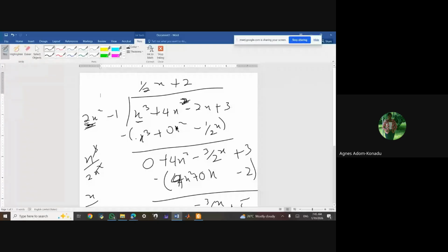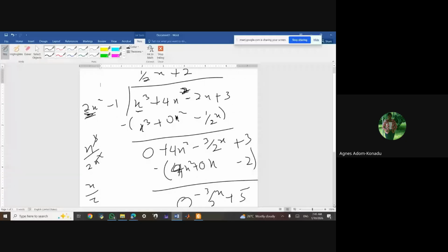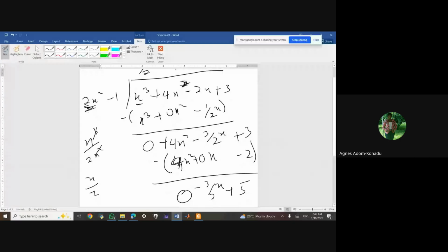This means that there's no x term, so I'll write plus 0x. Then I'll bring the negative sign and then start subtracting. So I will subtract 4x squared from 4x squared, which will give me 0. Then I'll subtract 0 from negative 3 on 2x, which will give me negative 3 on 2x.